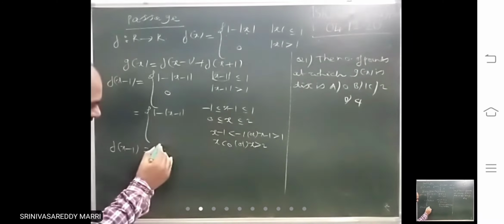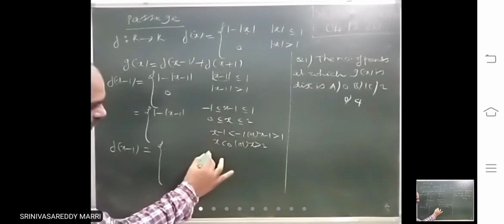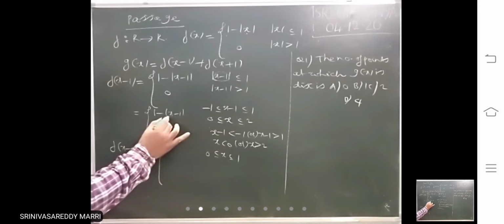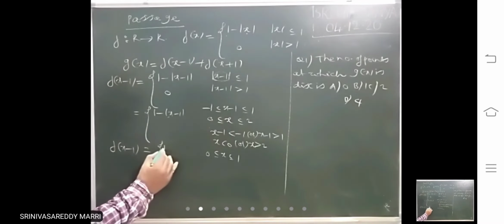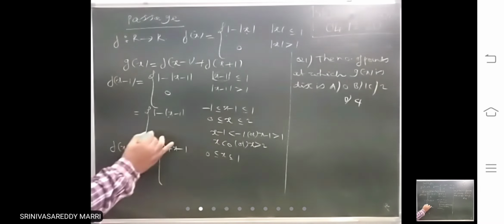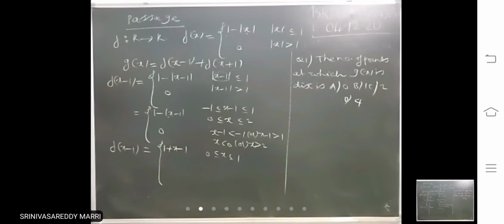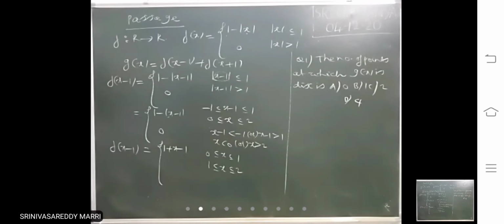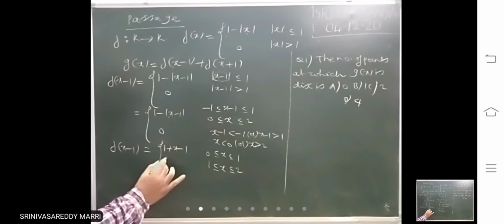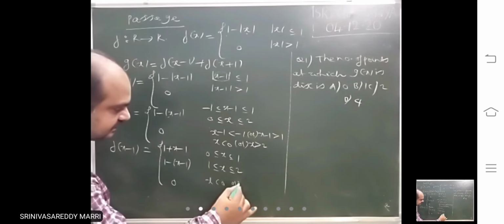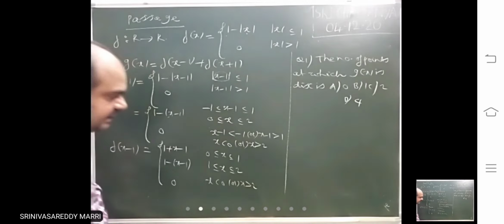That means for 0 to 1, this will be minus of x minus 1, so the definition will be 1 plus x minus 1, which is x. Then for 1 to 2, this will be plus x minus 1. And 0 when x is less than 0 or x is greater than 2.